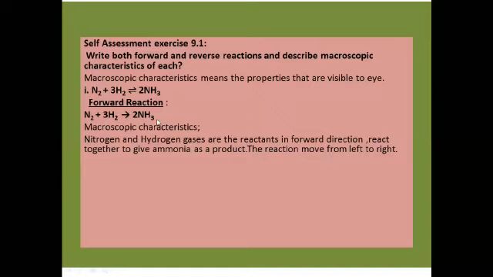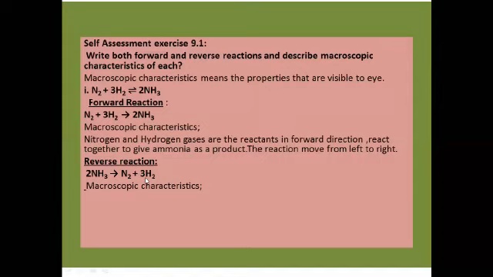Now, the reverse reaction for the same reversible reaction: the product in the forward reaction will be the reactant in the reverse reaction, and the reactants will be the product. So 2 moles of ammonia will react together and give back the reactants, nitrogen gas and 3 moles of hydrogen gas.